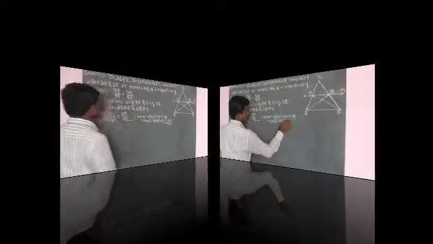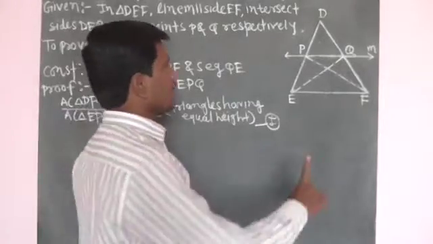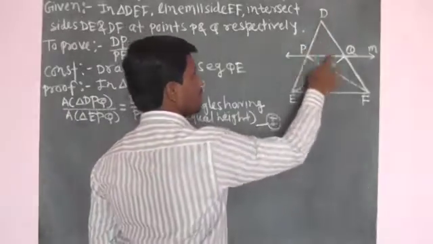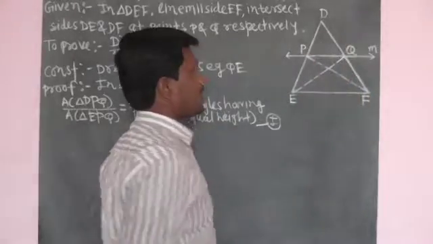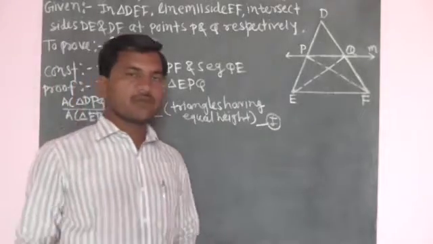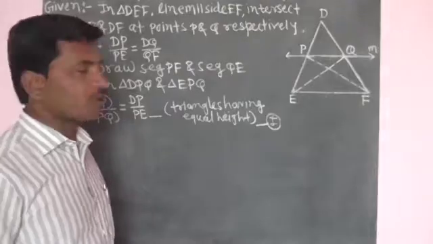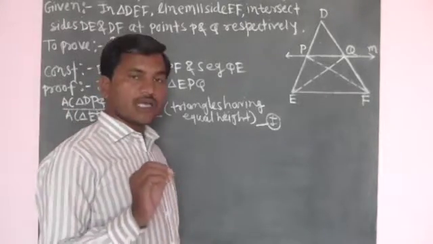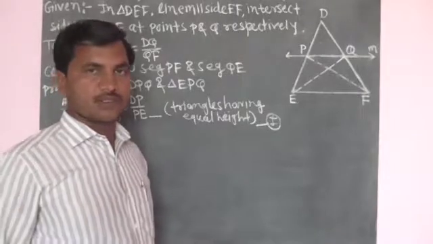First equation. Similarly, look at the two triangles in the figure, triangle DPQ and triangle FPQ. In triangle DPQ and triangle FPQ, P is the common vertex and their bases are collinear here. Therefore, these two triangles are also of the same height.